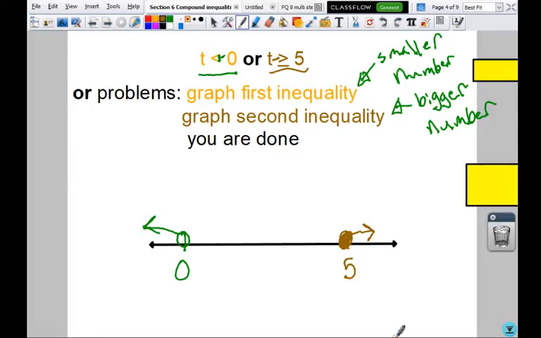Or inequalities is just two things on the same graph. So our difference between our two compound inequalities: if it's an and inequality, you connect the dots.